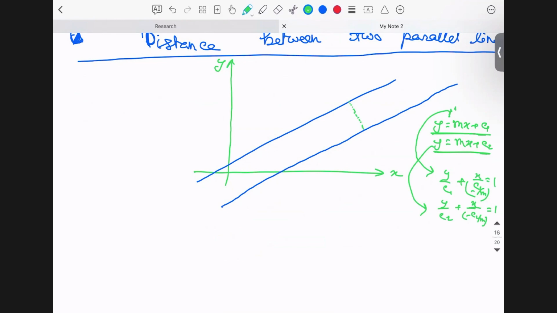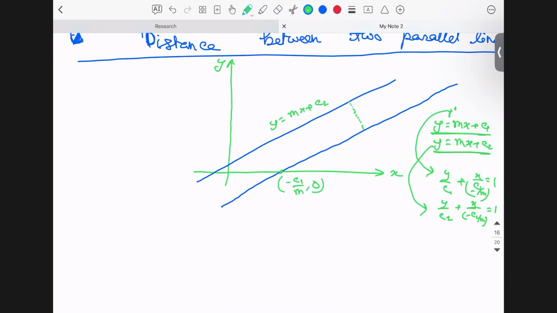So from this we can clearly say that this point has coordinates, suppose, minus c1 by m, 0. Now obviously the equation of this straight line will be y equals to mx plus c2.